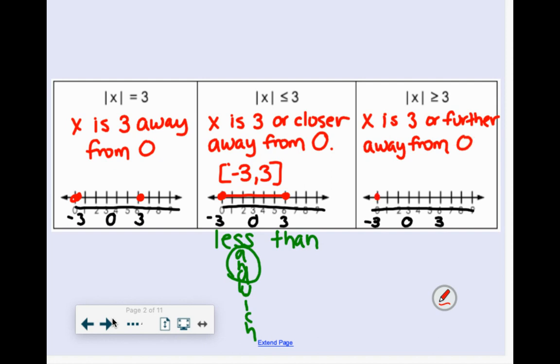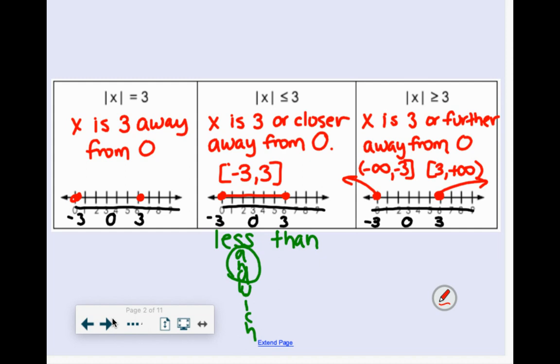So this time, instead of going in between, we want to go to either side. So instead of being from -3 to 3, we have to do -infinity up to -3, bracket, and then 3 to positive infinity.